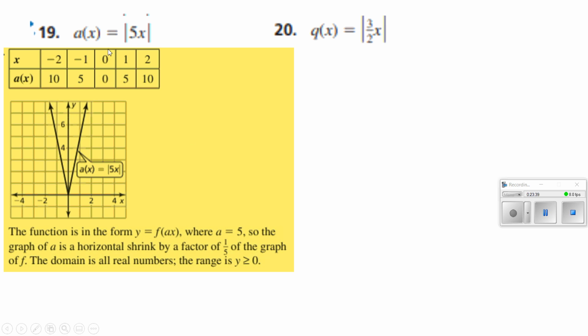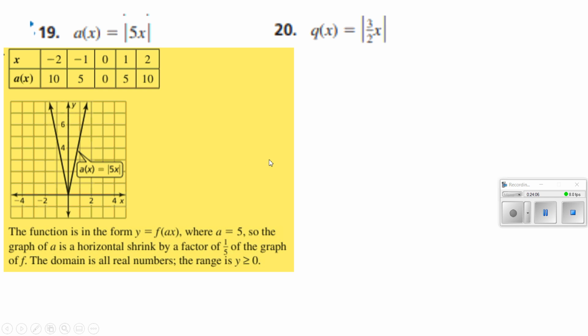You might notice on the graph, if x was -2, then -2 times 5 would be, if this is a +2, then it would be 10, right? So +2 is going to be 10, and -2 is still going to be 10, okay? And that's because of the absolute value signs here.